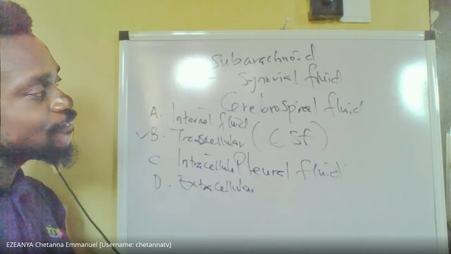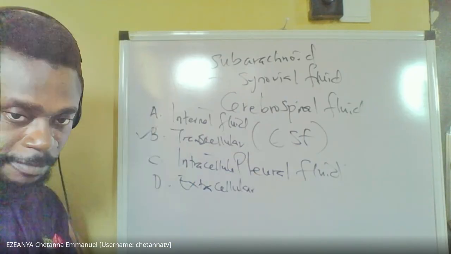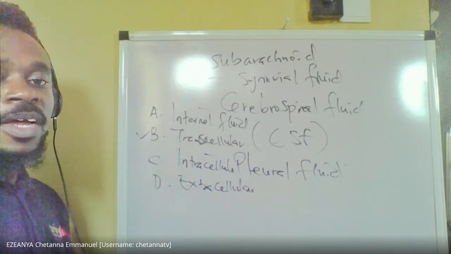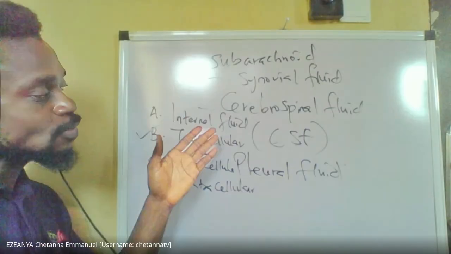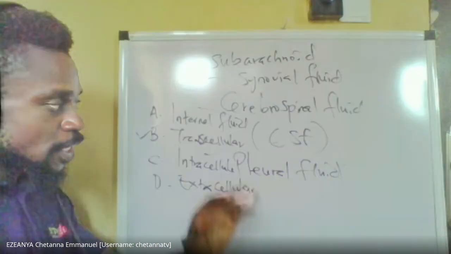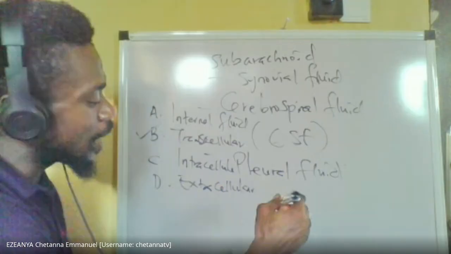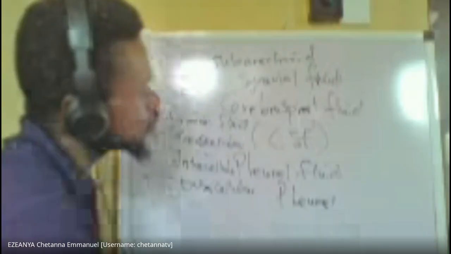Synovial fluid, as I said, is found in the joint. I think I said this one before now. Pleural fluid has to do with the thoracic cavity, the lungs. Is that clear? Anytime you hear pleural, it's talking about what? The lungs.